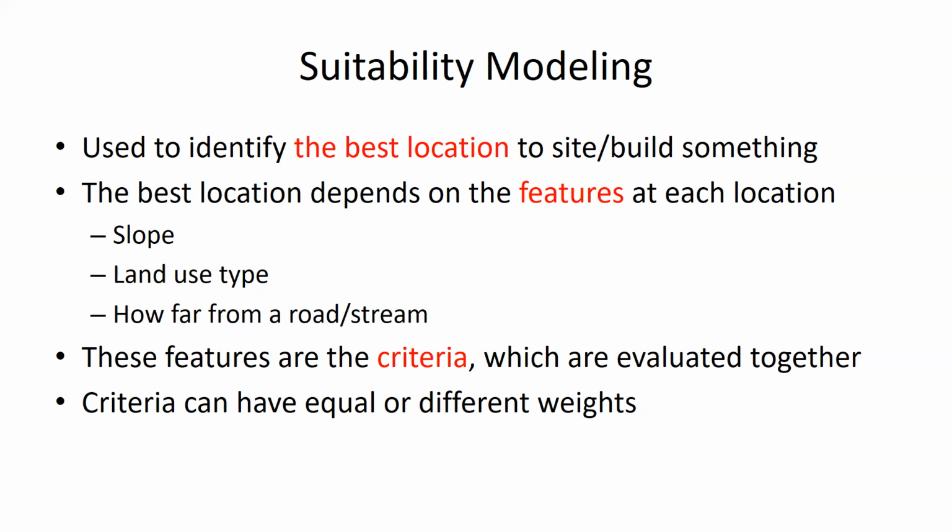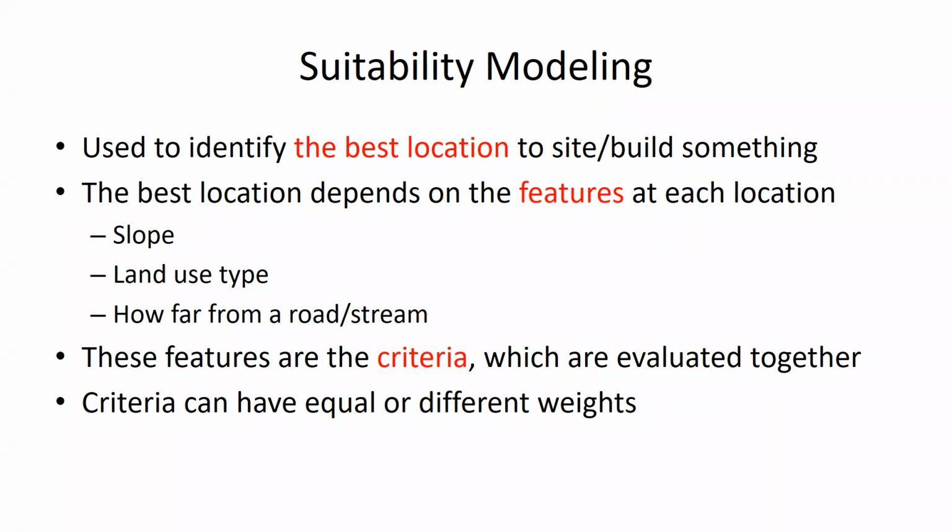So you can do suitability modeling a couple of different ways. You can either do binary, in which all of the features are going to be present. So you're going to say preservation is possible within this area and not possible within areas that don't meet all of the criteria. Or you can do probabilistic. You can weight the various layers such as slope, land use type, how far from a road or stream, and then you can give it scores, right?